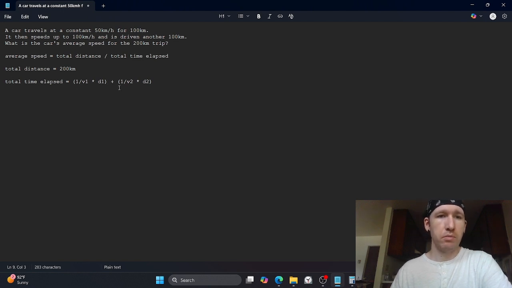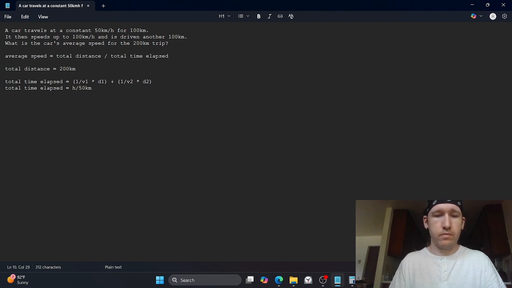So let's simplify our total time elapsed. This is going to be h divided by 50 km times 100 km plus h divided by 100 km times 100 km.